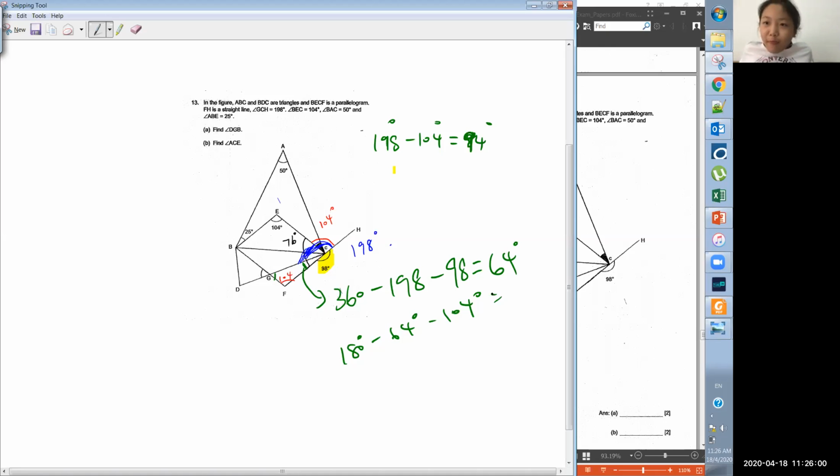Right? Help me out. This is 64. This one is 12. How much? 12. Okay, so this will be 12.